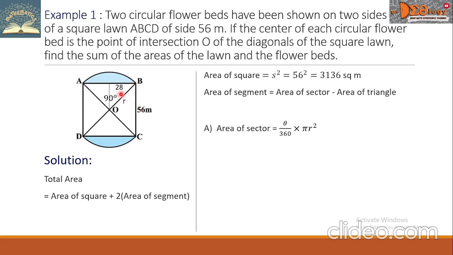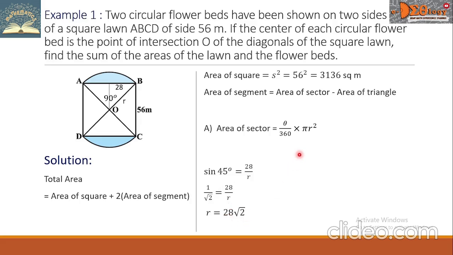One is 28, the other is 28. We have here now one small right triangle, and we can solve for R. And that is sine 45 degrees equals 28 over R. The value of sine 45 degrees is 1 over square root of 2. When we cross multiply, we will get the value of R as 28 square root of 2.